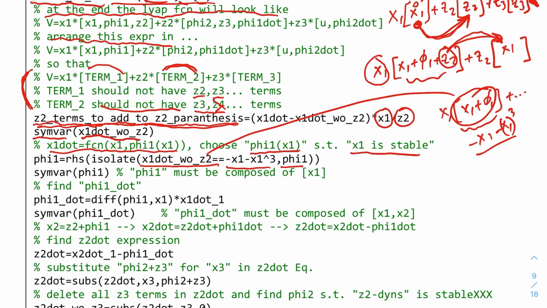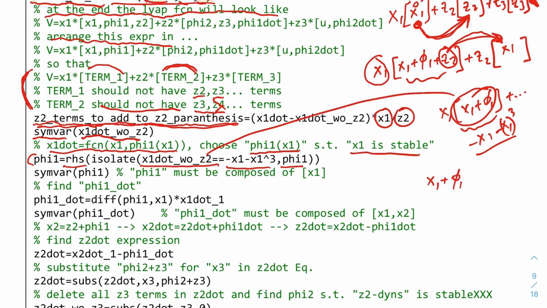I don't know why, but this is the way I did it, and I guess it's the best way of doing that. Isolate phi 1 and write the right hand side to obtain phi 1.